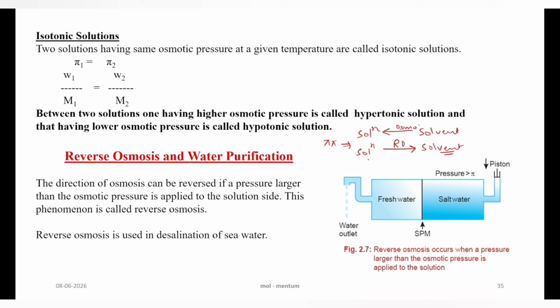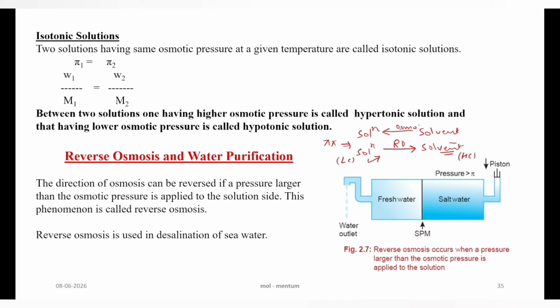So what is the definition of reverse osmosis? It is the flow of solvent from the solution side to the solvent side, or you can say from low concentration to high concentration. Generally we have high concentration to low concentration in osmosis, but in this case it is from low concentration to high concentration.